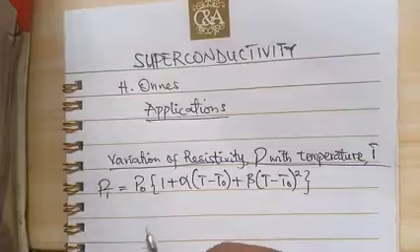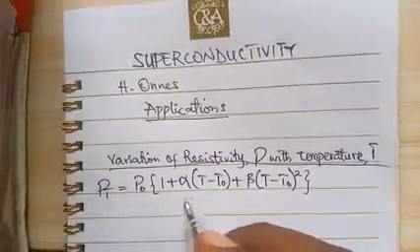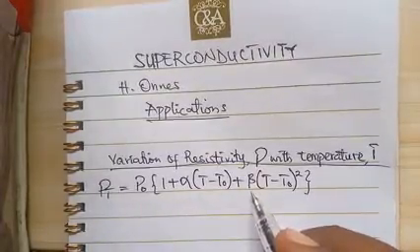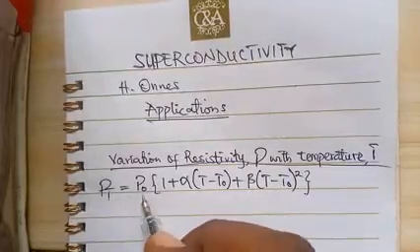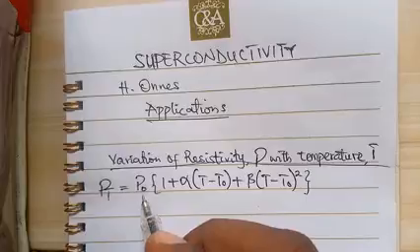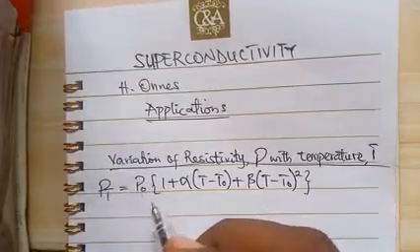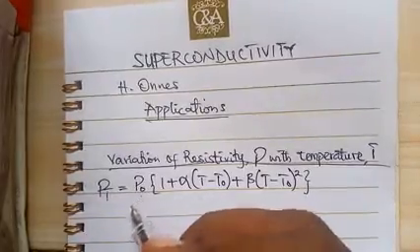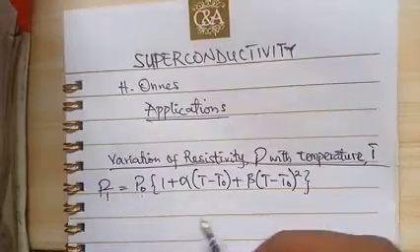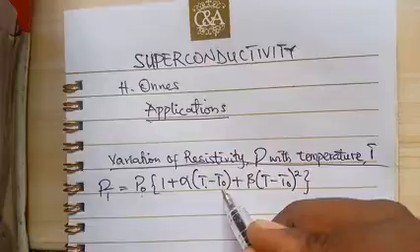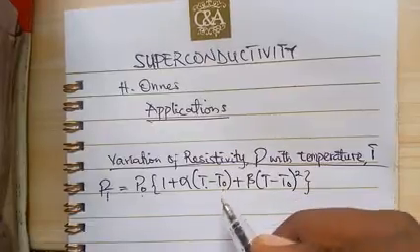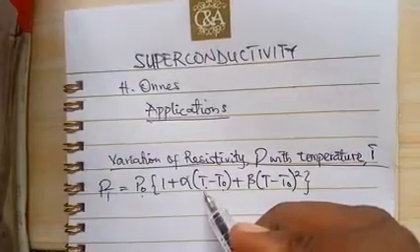Alpha and beta are constants, while rho T and rho 0 are the resistivity of the metal at temperature T and temperature T0. So we have two temperatures here, T0 and T.